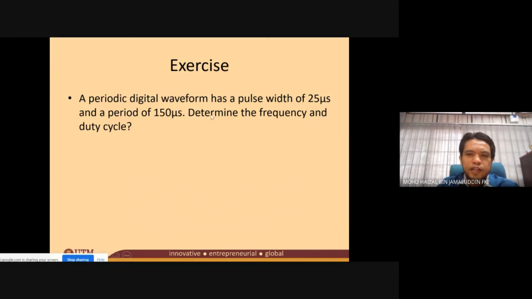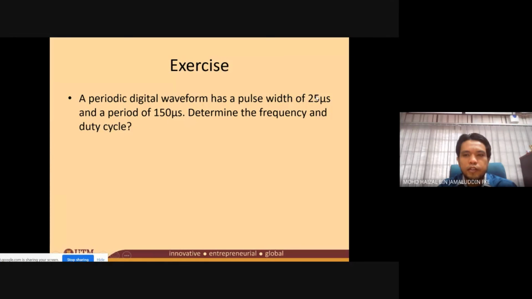See the slide, just a simple exercise. A digital waveform has a pulse width of 35 milliseconds and a period of 150 microseconds. Determine the frequency and duty cycle. The frequency is 1 over T, where T is 150 microseconds.